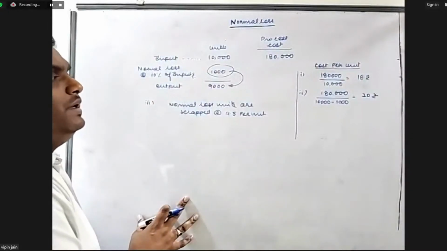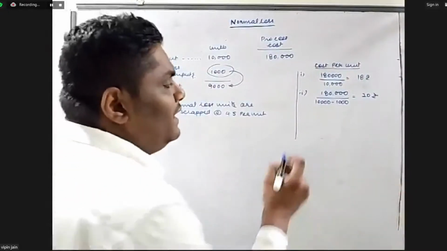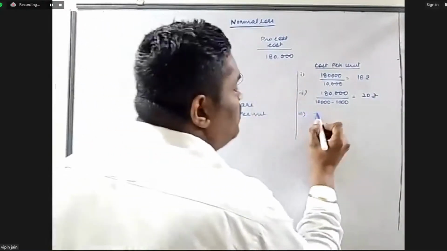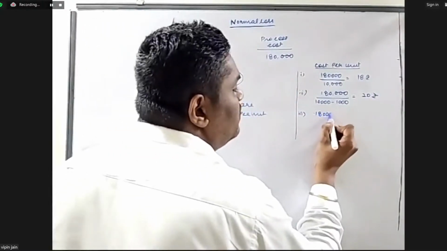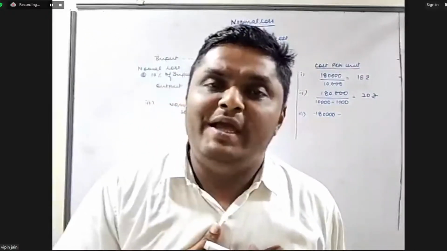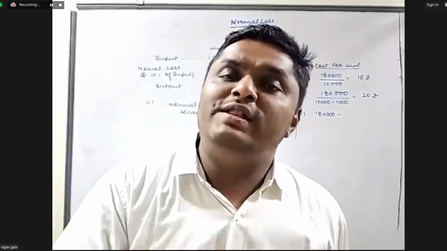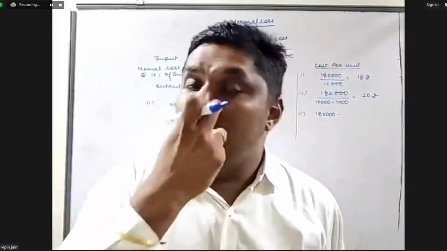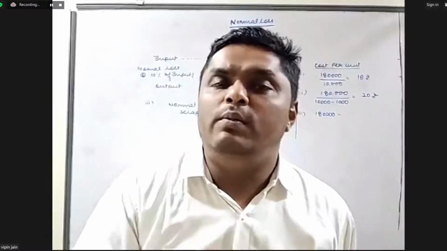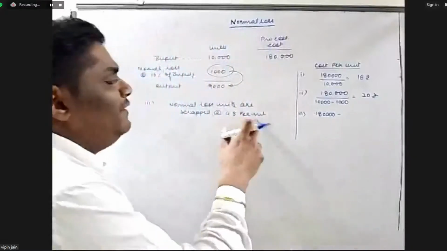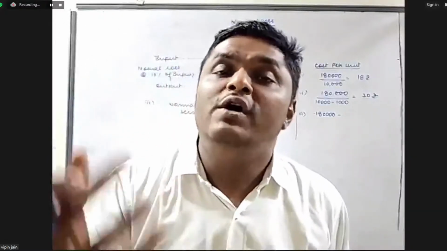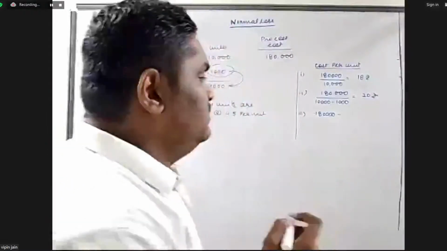Now the point is how to calculate the cost. Nothing to worry, guys. How much is my total cost? 1,80,000. Now there is normal loss of 1,000 units. These 1,000 units can be sold in the market at a very nominal price, that is 4.5 per unit. So what it means, it is a profit to us. So what we will do, we will reduce it from the cost.